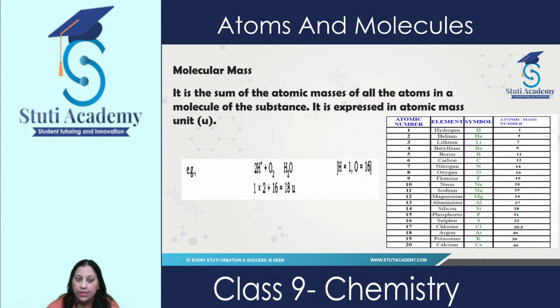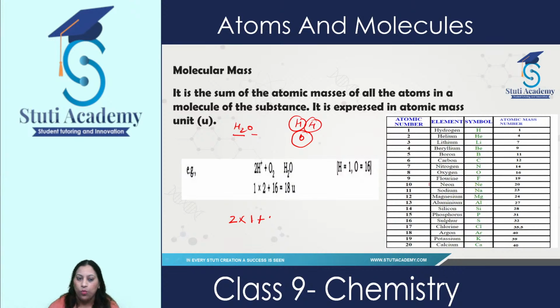It is represented by the symbol U, or we call it unified mass or AMU. Again, AMU or U. Now how will we write molecular mass? Let's look at the example of water. The formula of water is H2O. It contains 2 hydrogen and 1 oxygen. The structure is somewhat like this. So it is 2 hydrogen, it means 2 multiplied by its atomic mass, hydrogen is 1 here.